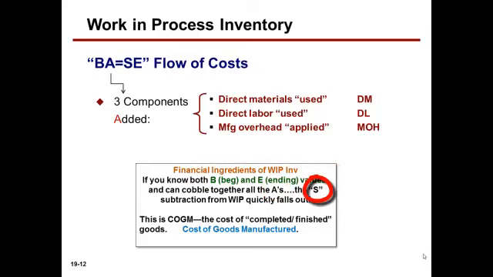This is the COGM, the cost of goods completed or finished, cost of goods manufactured. B plus A minus E equals S, the COGM value that we need to remove from the work in process inventory account as goods are completed.